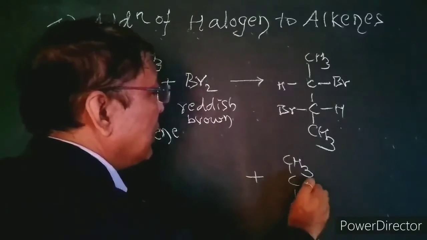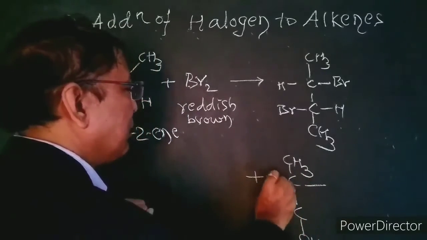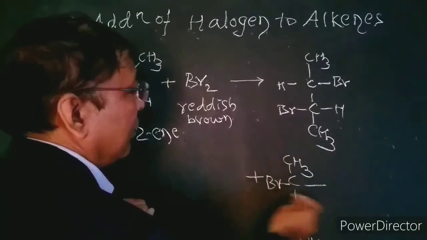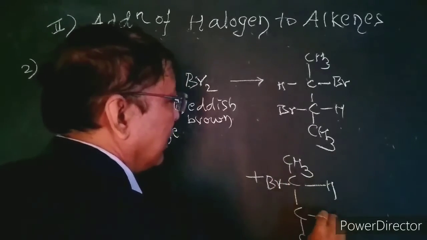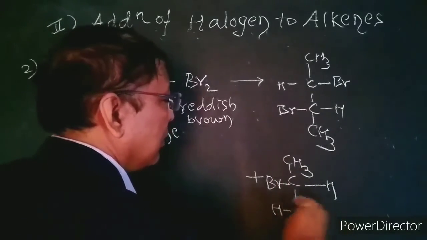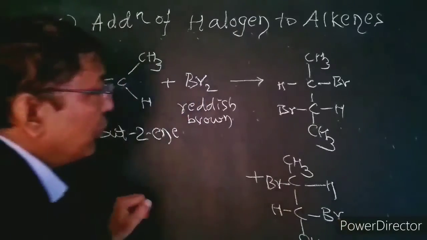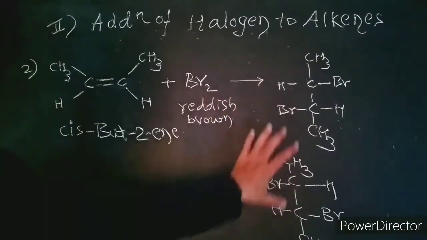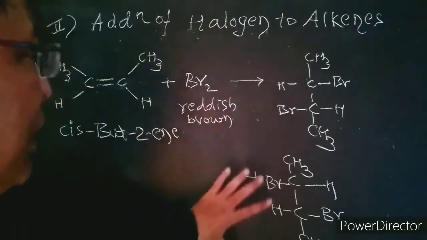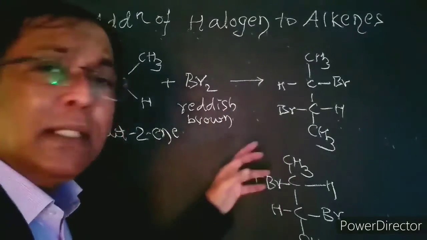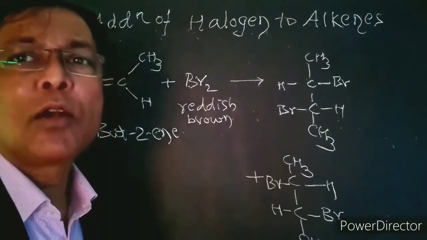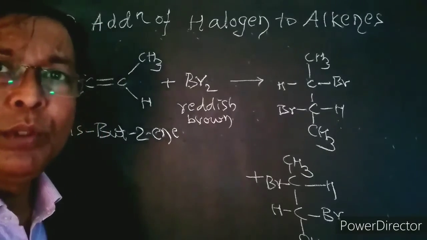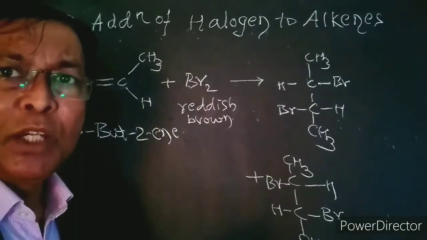In this product, the bromine is present at the left side and here at the right side. So we get a mixture of these two. This mixture is called a racemic mixture. What is a racemic mixture? Racemic mixtures are optically inactive. We are going to learn about racemic mixtures later.